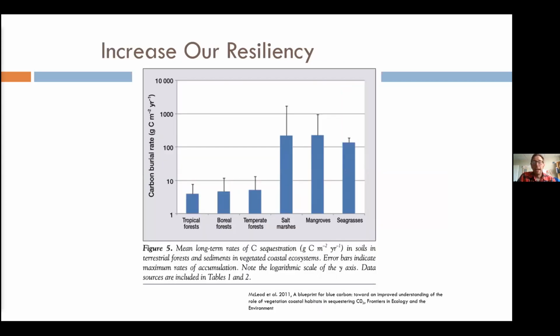Next slide. Then in recent years, we have realized that tidal wetland habitats are amazingly efficient at sequestering carbon. This is a quick slide looking at the carbon sequestration, the burial rate of carbon, in different habitats.